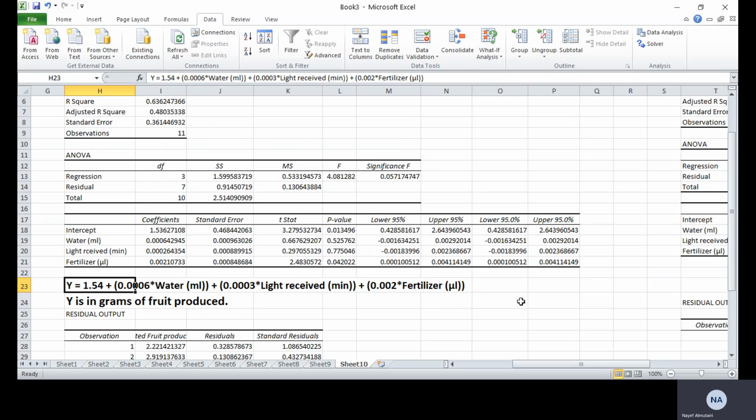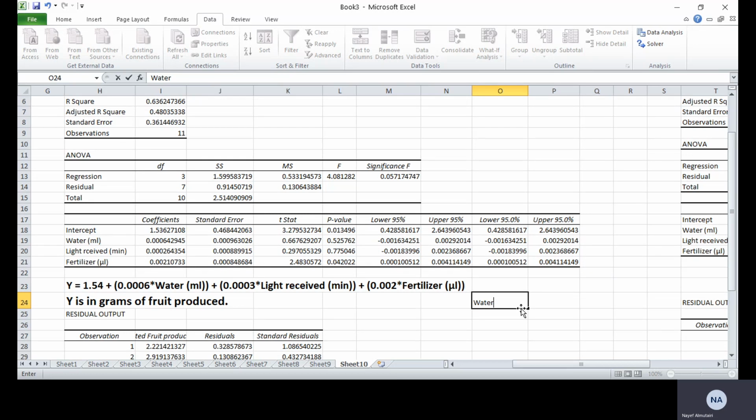Let's say, for example, I give you numbers that you want to put into the equation to find out how much fruit is produced. Let's say that we did this test 5 years back, and now we have how much water.